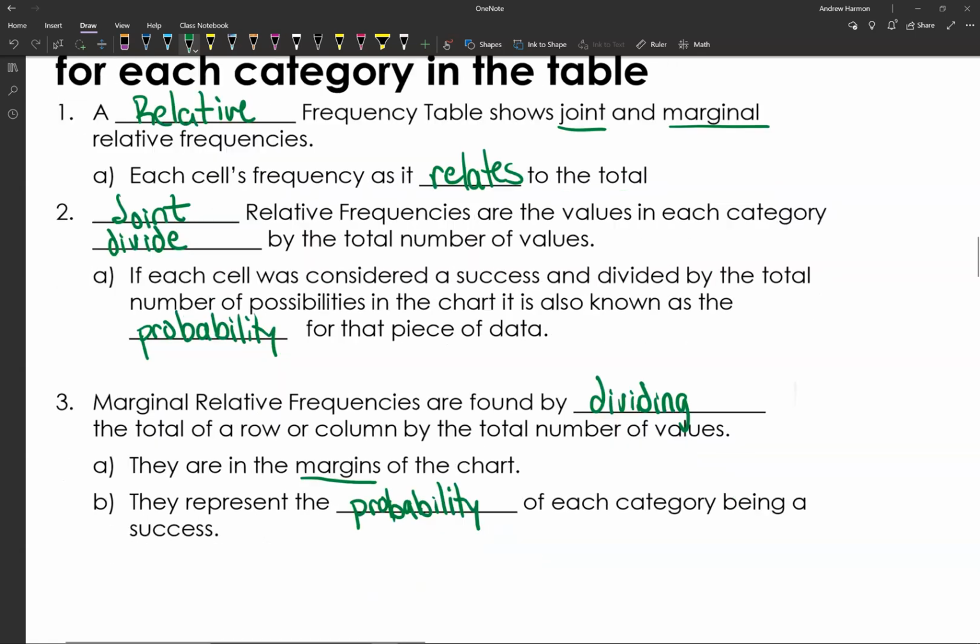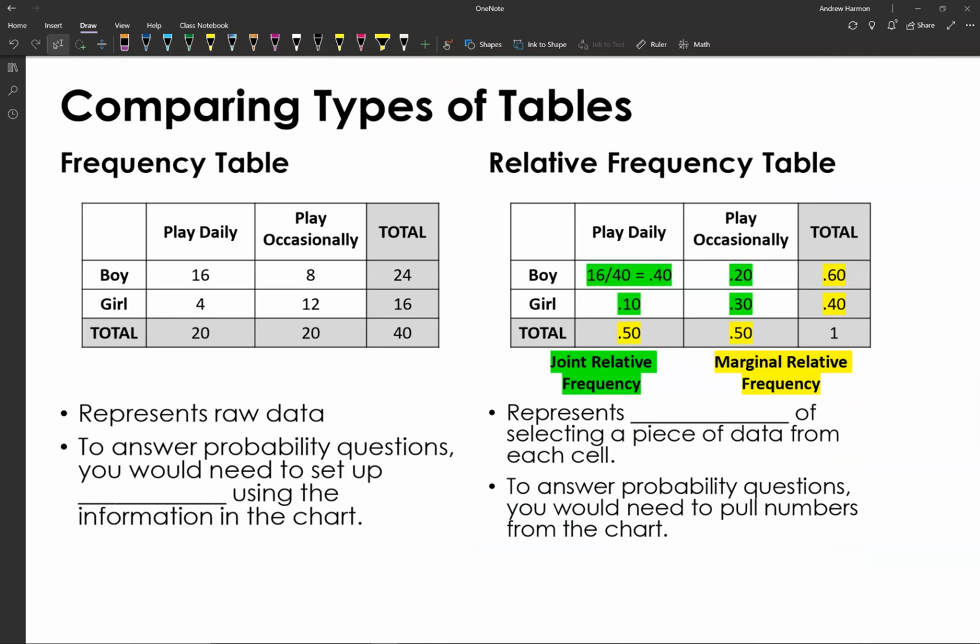So let's look at the difference between a frequency table and a relative frequency table. In a frequency table, we literally just have, 16 boys play daily, or 12 girls play occasionally. But in the relative frequency table, we have 16 divided by the total of 40 people, and we get 0.40. That is the probability of boys playing daily based off the 40 people we asked.